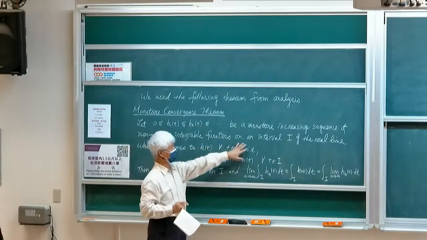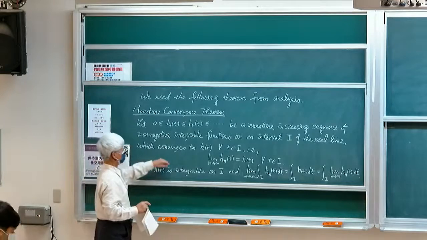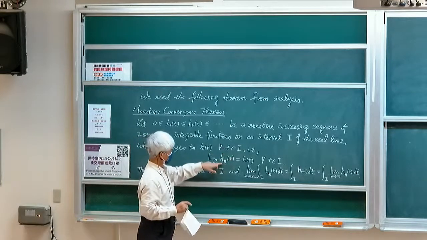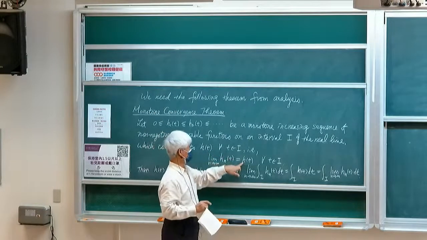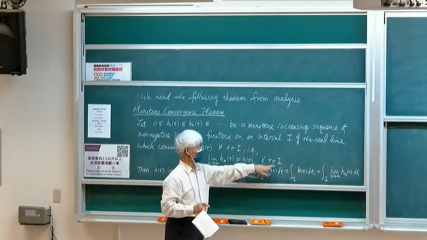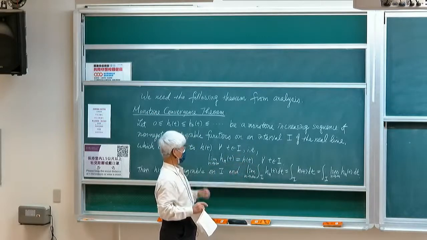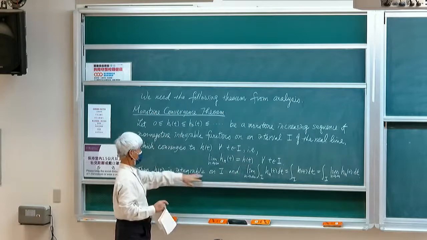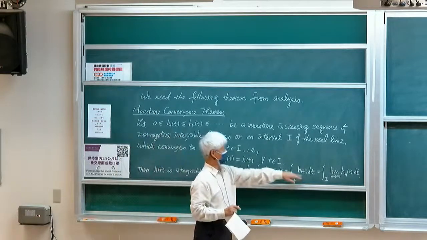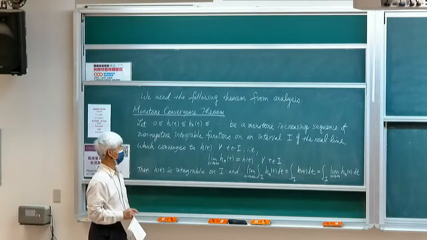And we know that this sequence of functions has a limit for each t in the interval. So h(t) is a function. Then h(t) is integrable on I, and we have this identity.